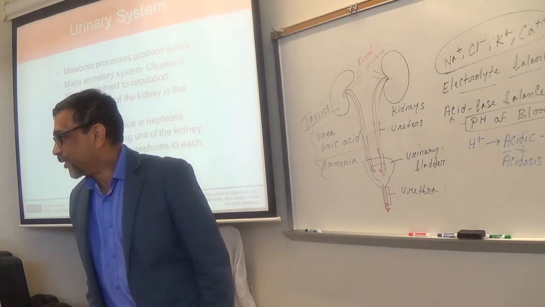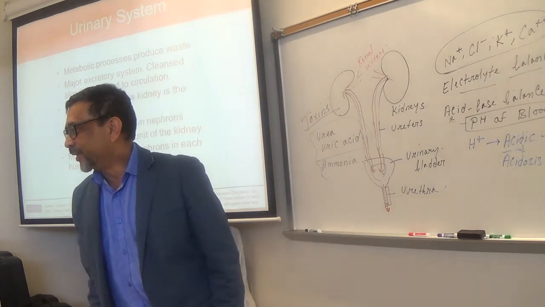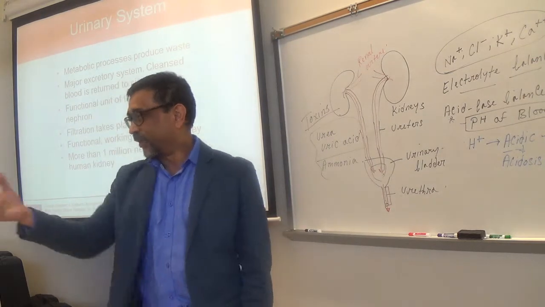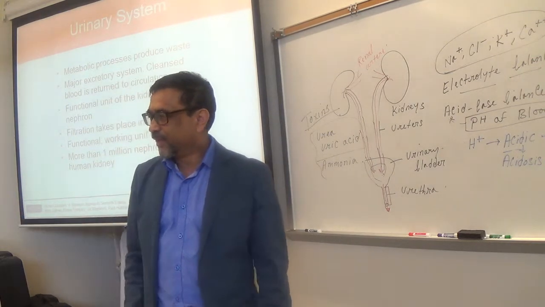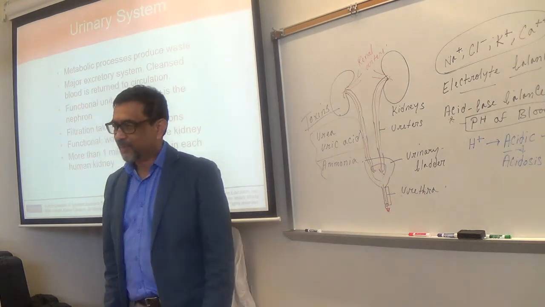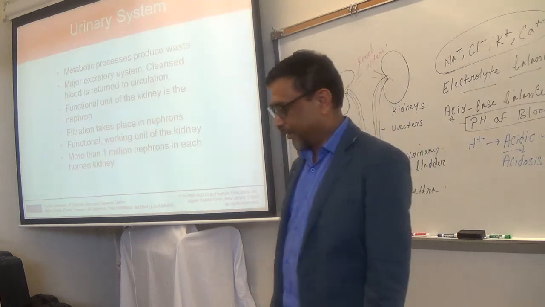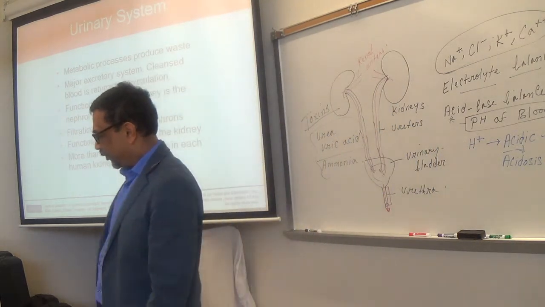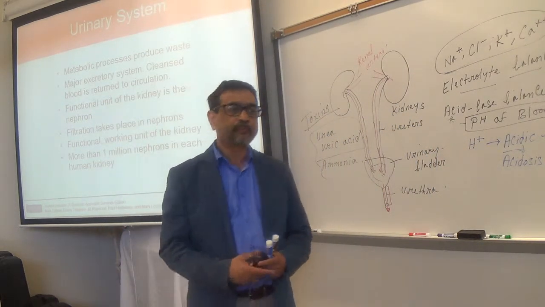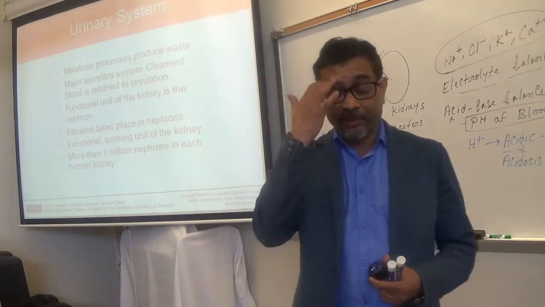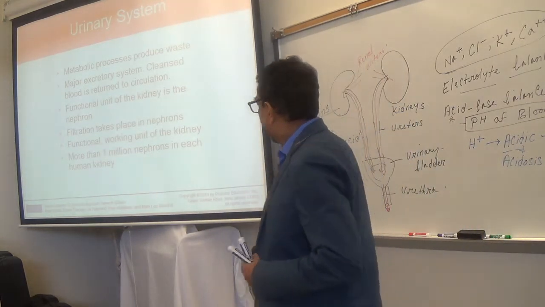If you have heart failure, the kidney will not get enough blood because your heart is not pumping strong enough, right? So that will also cause failure. So yes, the cardiovascular system and the liver are both important to keep the urinary system functioning.